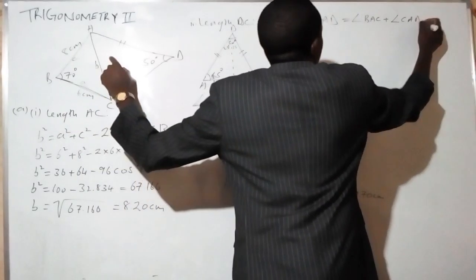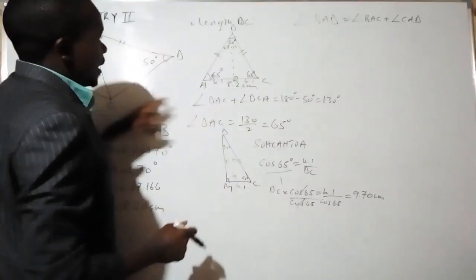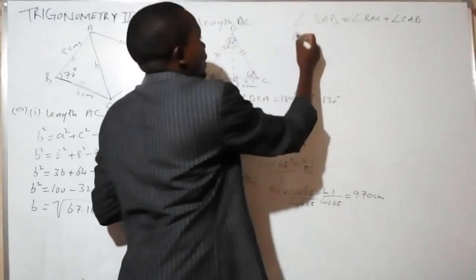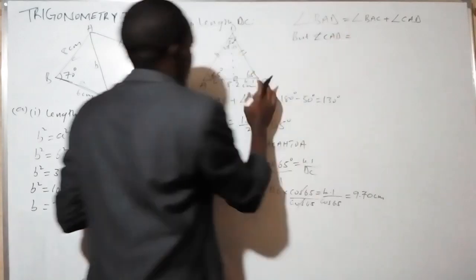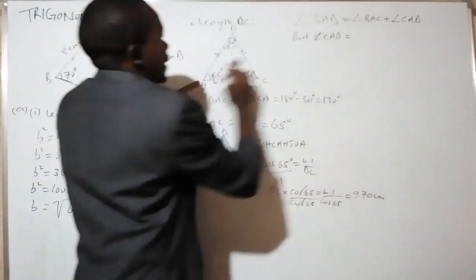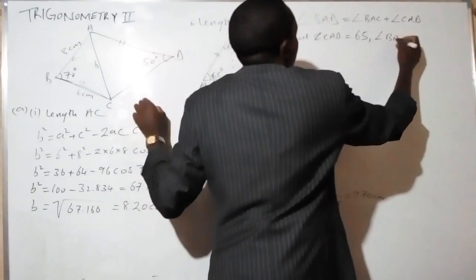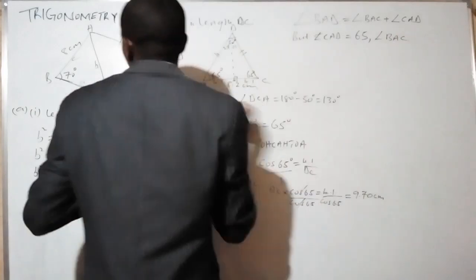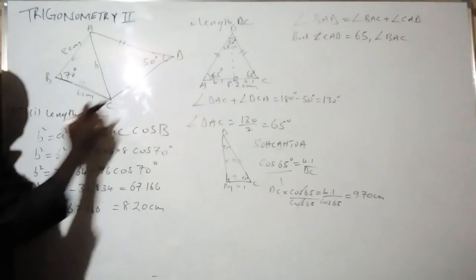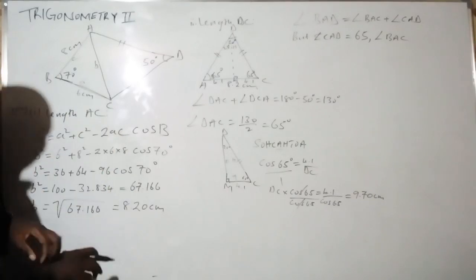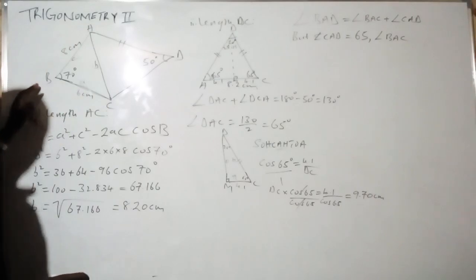But angle CAD, it's here, it's 65. Then you can get angle BAC. Again, you are going to use the cosine rule to get BAC. Do you know the first one you got was this length?